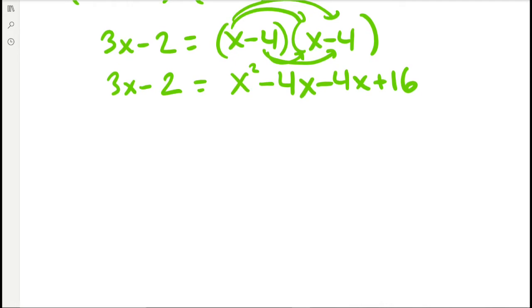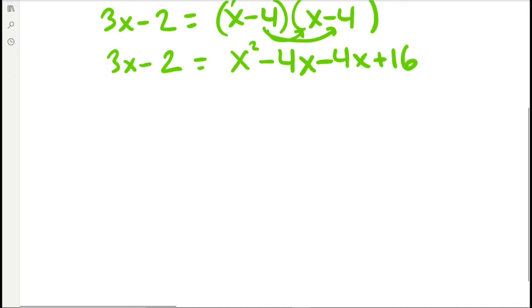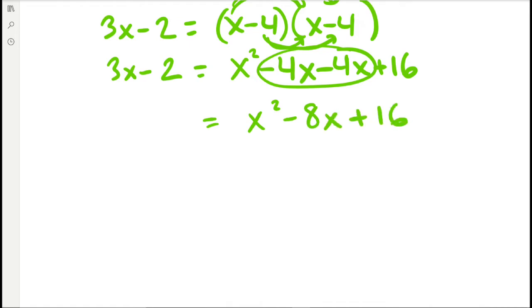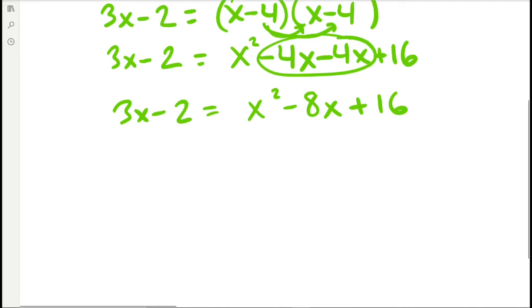Now we've got a quadratic equation that we have to solve here, so this is more interesting as far as solving. So we're going to combine these two. This is going to be a negative 8x there. So we have x squared minus 8x plus 16, and 3x minus 2 on the left side. Since it's quadratic because of that square, we're going to have to move everything to one side and get 0 on the other side.